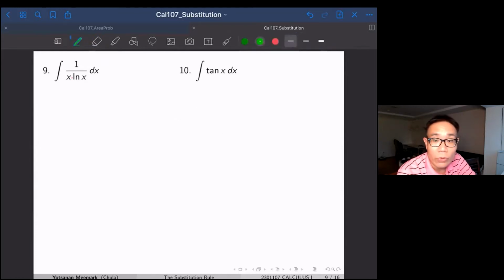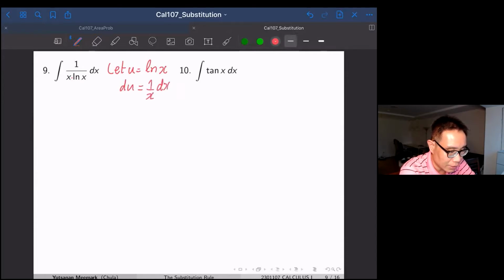So you're going to just pick one factor to be u in this case. I would let u be just log x. So I let u be log x, and I have du equal to 1 over x dx. How would I know that I'm gonna let u be log x? Because this one is kind of easy.